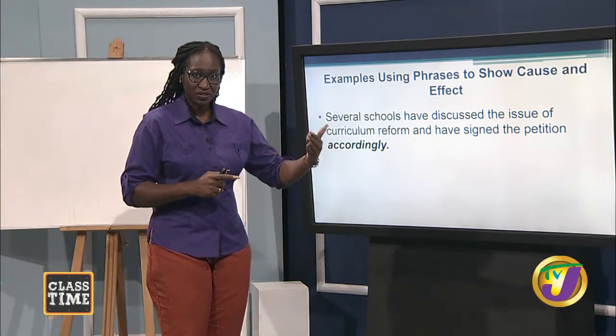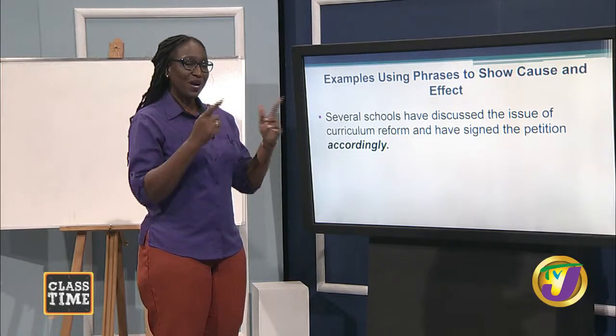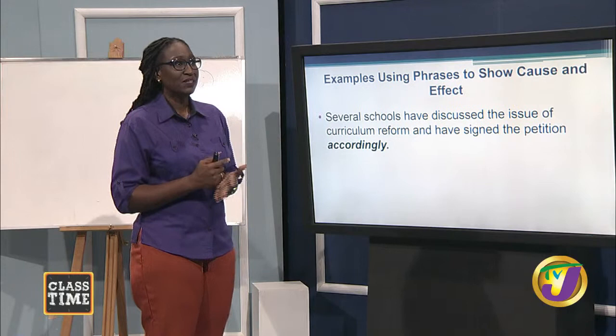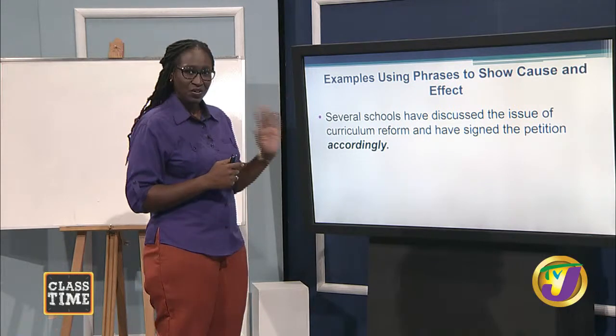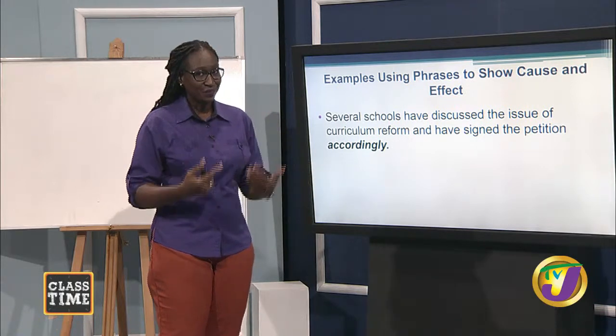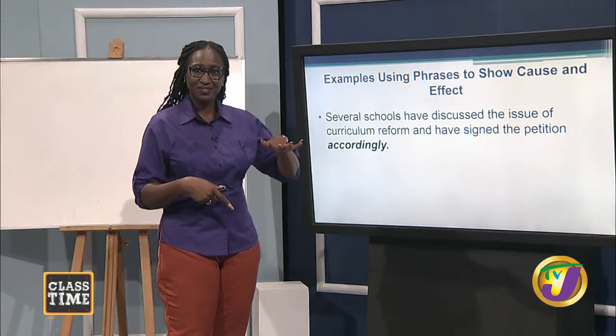Because of this discussion, the result now is the signing of a petition. So you have linked those two things together. Now, you might ask, how is it that the transitional word or phrase is at the end of the sentence? It can be at the end, it can be at the beginning, it can be within the sentence.